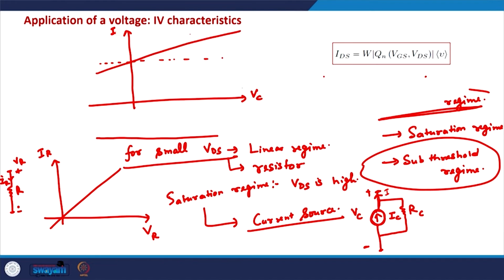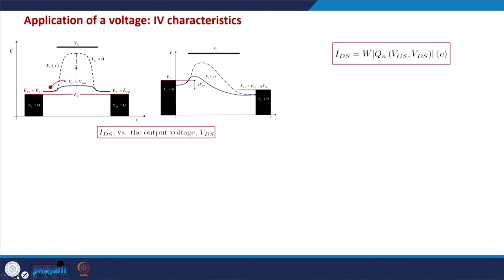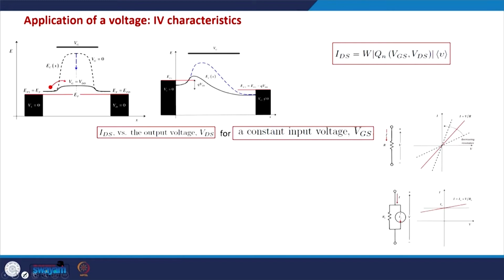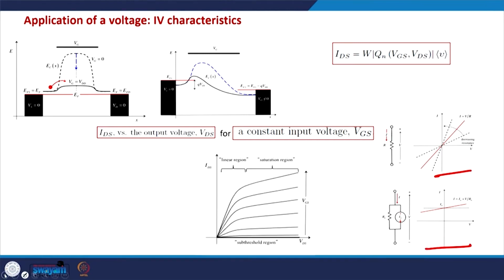So for small VDS, this is how IDS versus VDS look like. This is like a resistor. For larger VDS in the saturation regime, this is how IDS versus VDS look like. So if we put everything together, this is the resistor characteristics, this is the current source characteristics, and this is how the IDS versus VDS, the IV characteristics of the MOSFET, will look like.